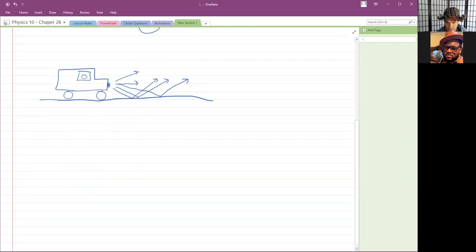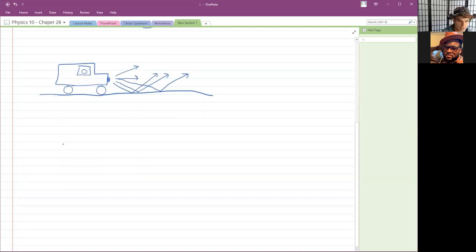What really happens is, let's draw the same situation at the atomic level, and I'm going to draw this a little bumpier than it is. No surface is completely smooth.